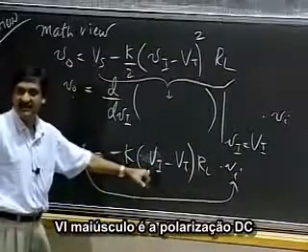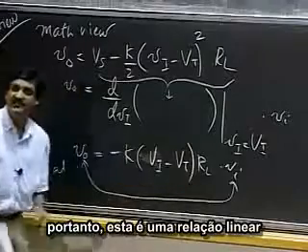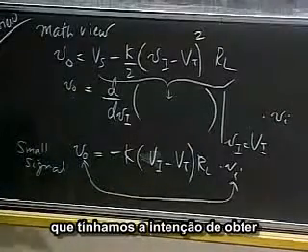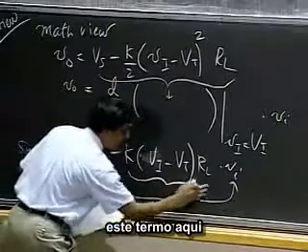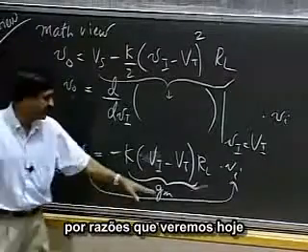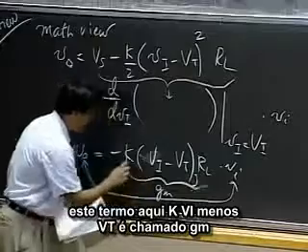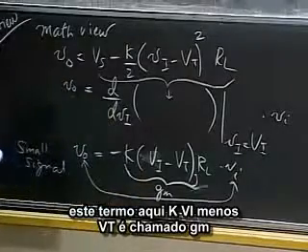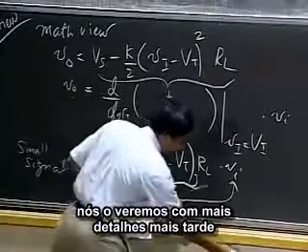Capital Vi is a DC bias, so this is a constant. So therefore, this is the linear relationship that we had set out to get. This term here, for reasons you will see today, k Vi minus Vt, is called GM, transconductance. We will look at it in more detail a little later.